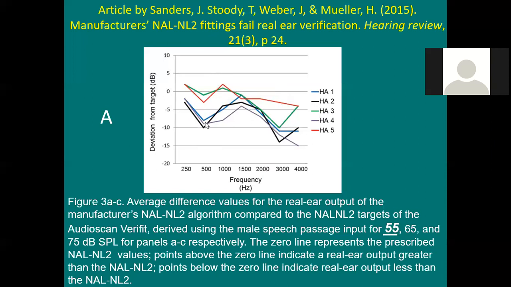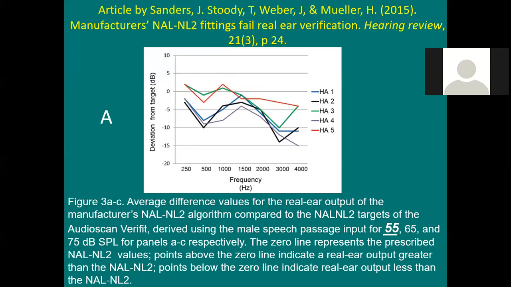You get it? That's the point. The 0 line represents the prescribed NAL2 values, whatever they were. And these various colors, how they vary around the 0 line, show how their NAL2 versions differed from the Real Ear version of NAL2.